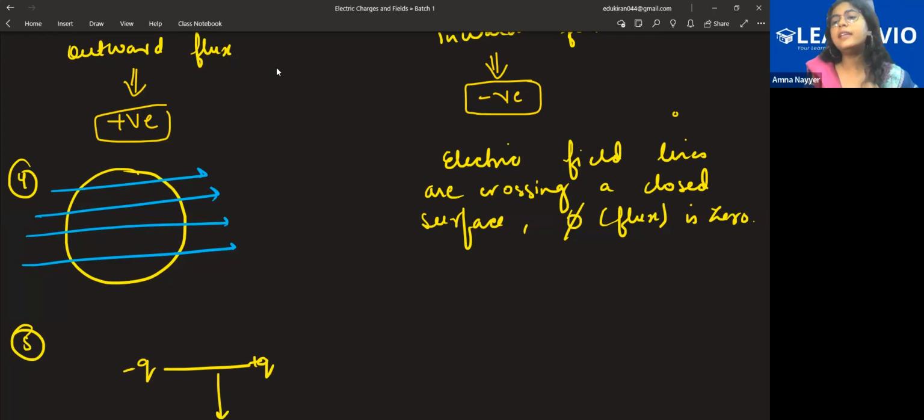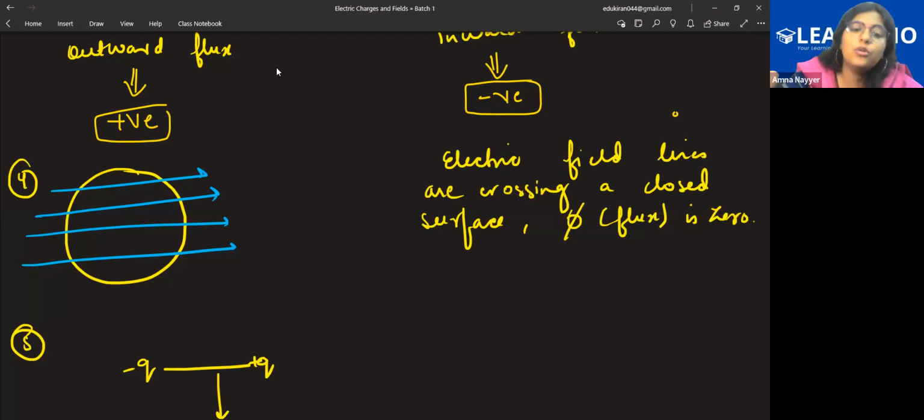Will the field lines actually be going inside? No, the field lines won't be going inside. So in such cases, if the electric field line is not going inside, you do not get any flux present, correct?